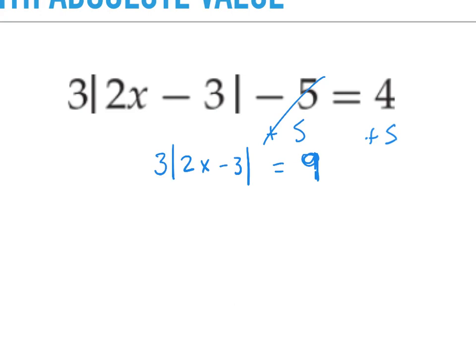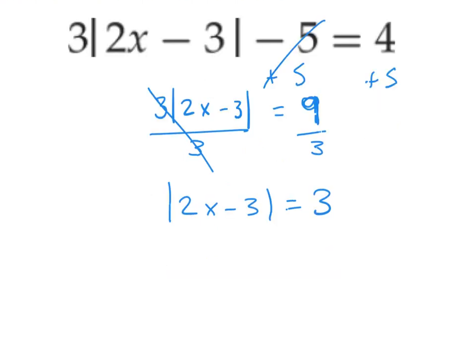So this 3 is being multiplied. We want our absolute value all by itself, so we need to do the inverse of multiplication, which is division. So our 3's on the left cancel out. We have the absolute value of 2x minus 3. What is 9 divided by 3? 3.